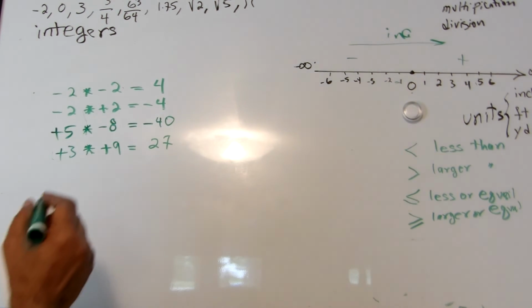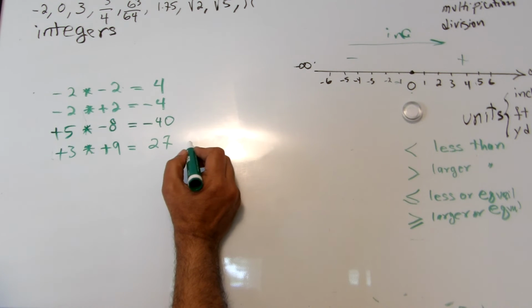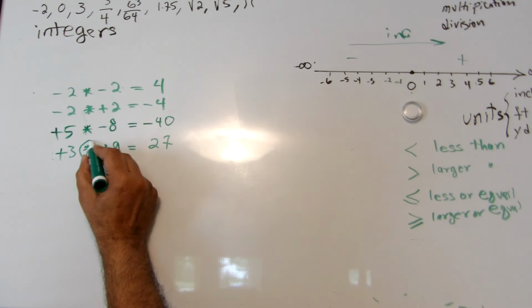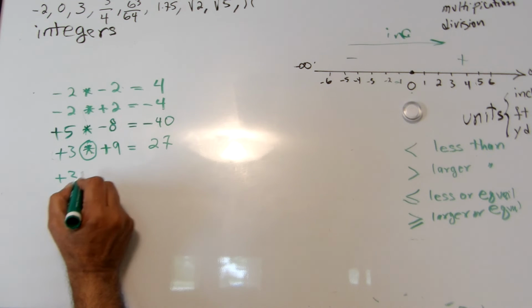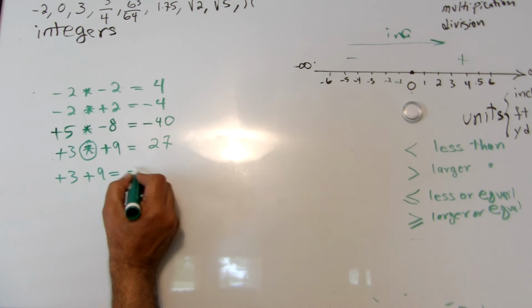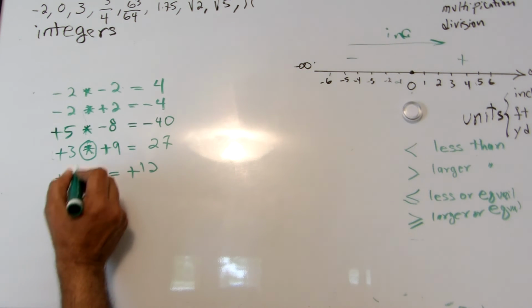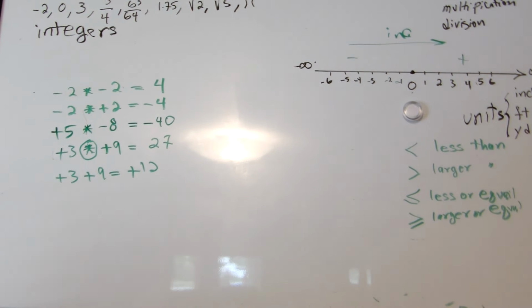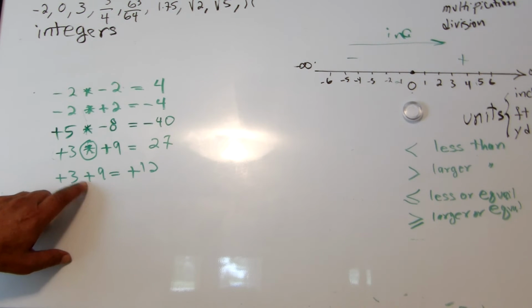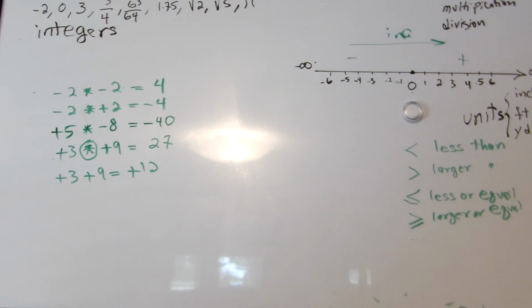But if this one was not positive, see, plus 3 plus 9 is going to be plus 12. So I want you to really understand and be careful what sign is in between.